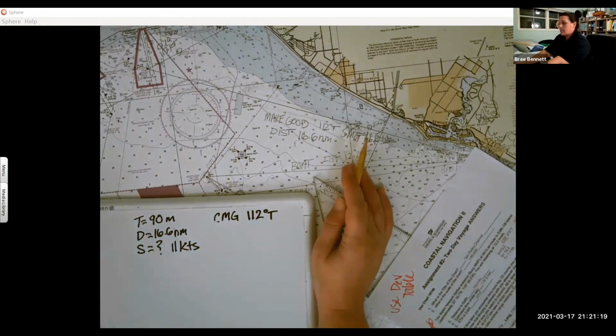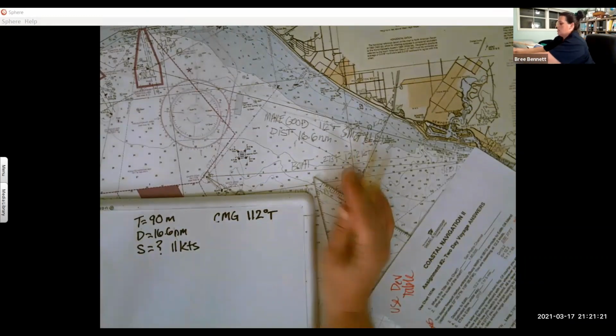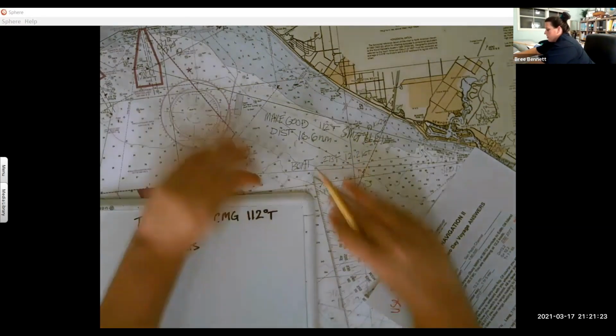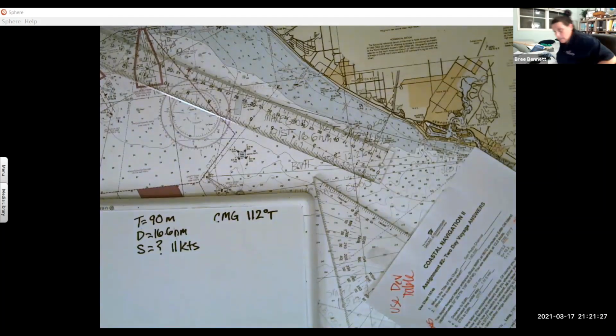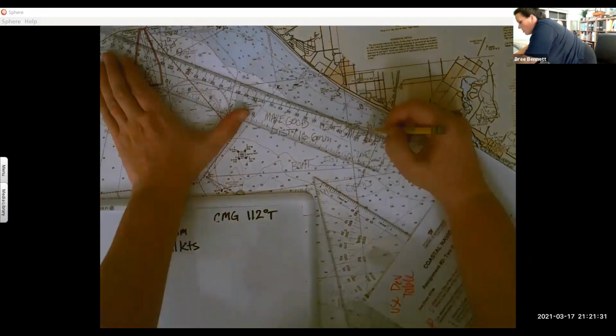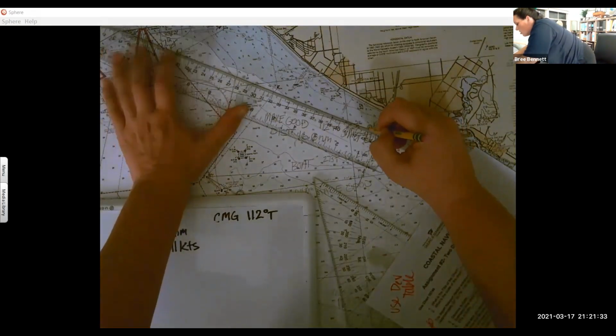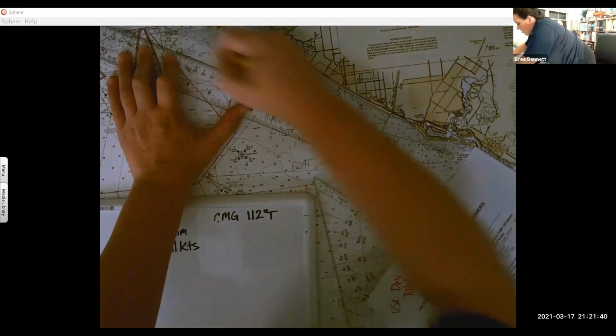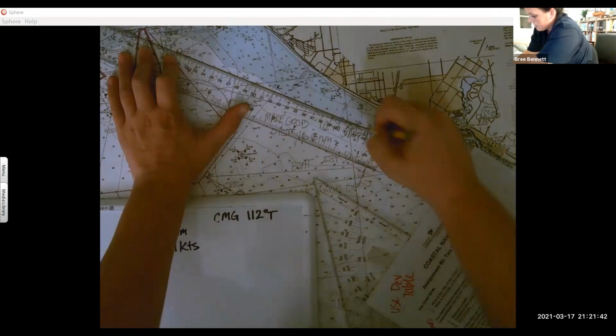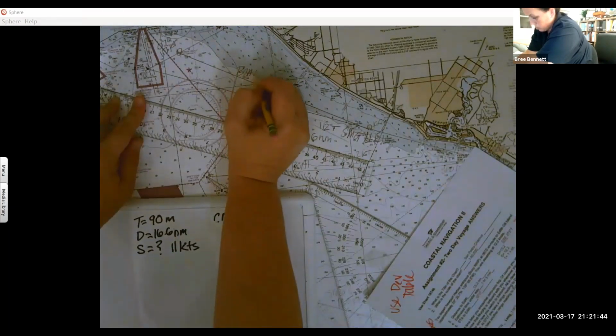So if I connect these lines, that is my boat line.